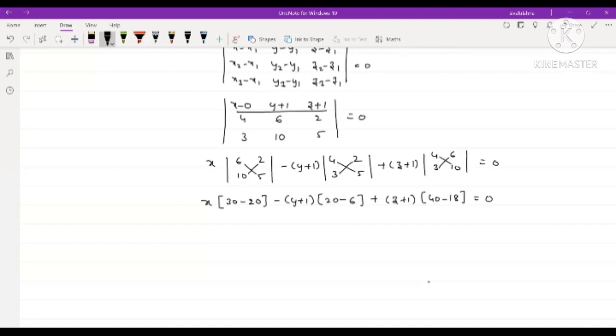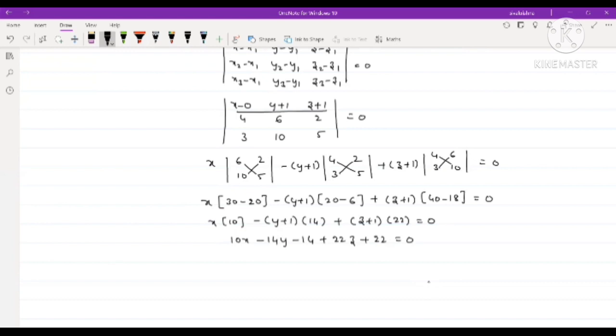So x into 30 minus 20 means 10. So x into 10, minus of y plus 1 into 20 minus 6 means 14, plus z plus 1 into 40 minus 18 is 22, is equal to 0. So 10x minus 14y minus 14 into 1, minus 14, plus 22z plus 22 into 1, 22, is equal to 0.